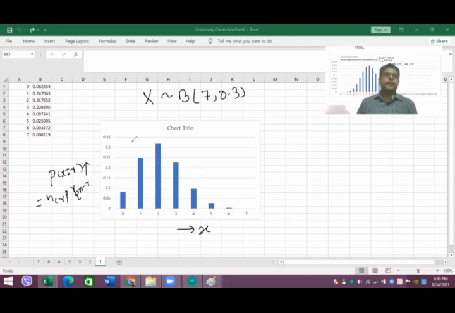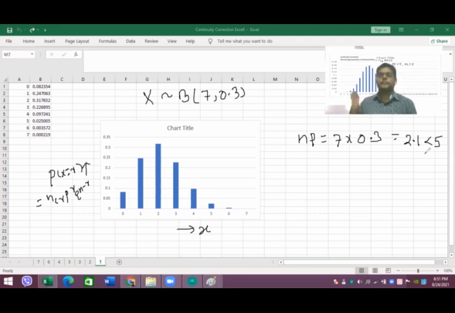Note one thing over here. If you multiply n times p, the value of n is 7 and p is 0.3, so multiplying these two gives 2.1, and if you compare with the value 5, this is less than 5.